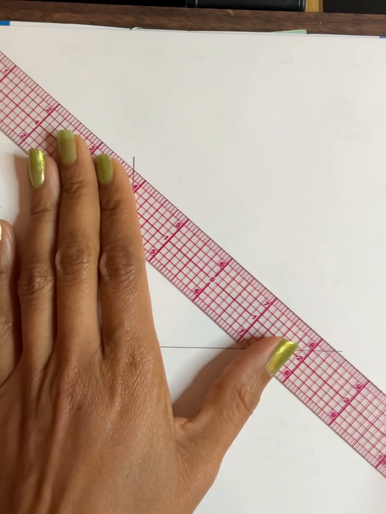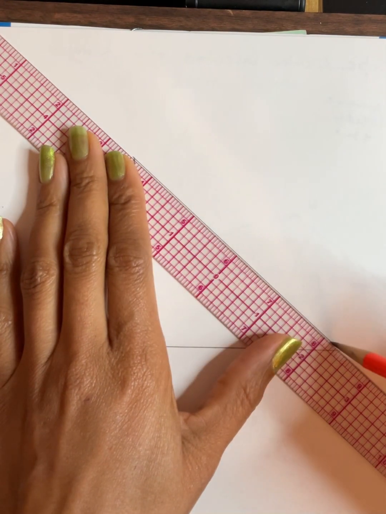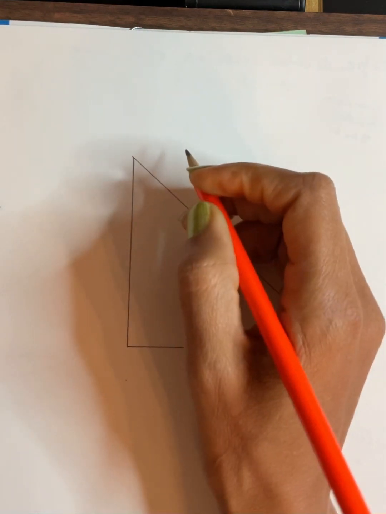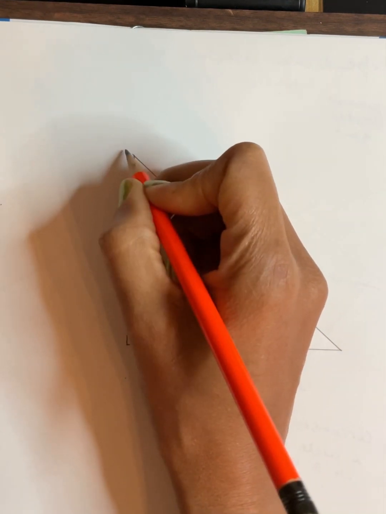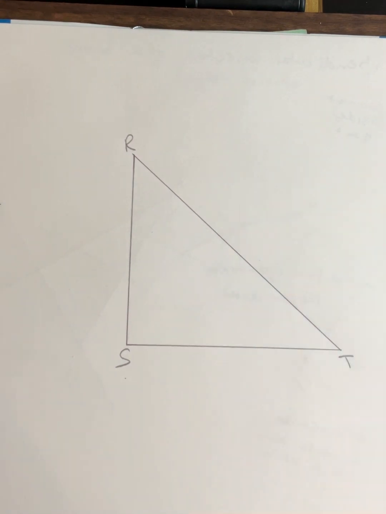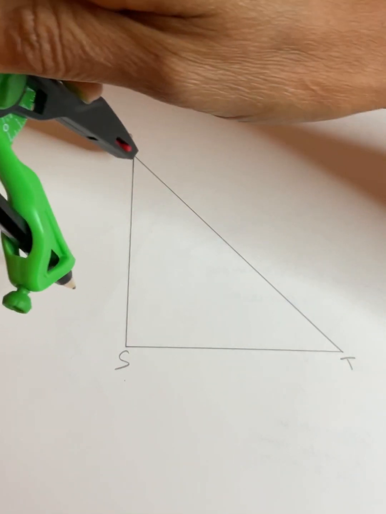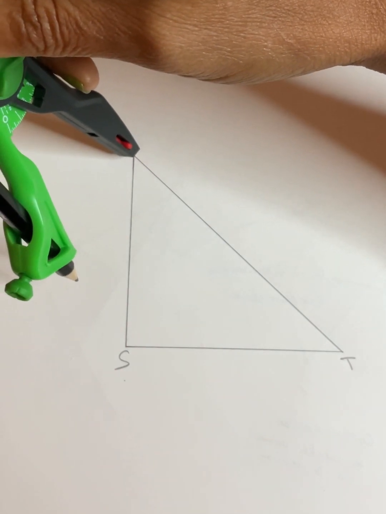Okay, so this is the right triangle right here, and I'm going to label my triangle RST. I'm being different now. I like to be different. You have to be unique and wonderfully made.